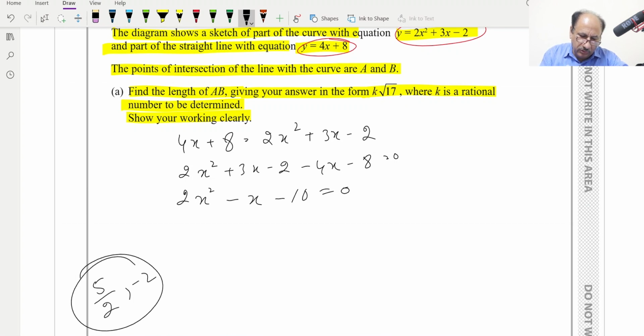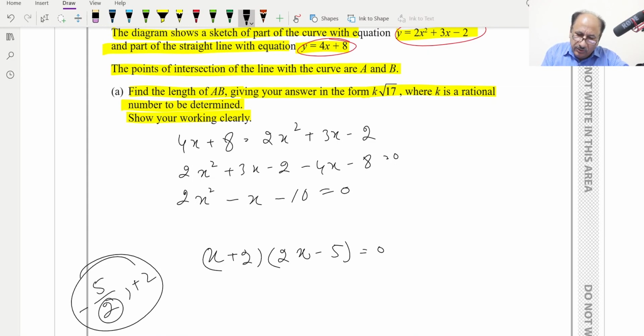So how will we form the equation from this? I will keep a small gap, and I will take opposite signs. This will be plus, this will be minus. So x plus 2, and the second one, this 2 I will write first, 2x minus 5 is equal to 0.